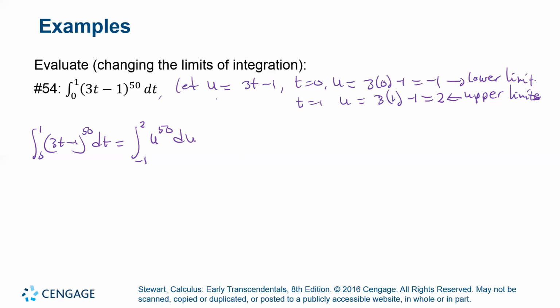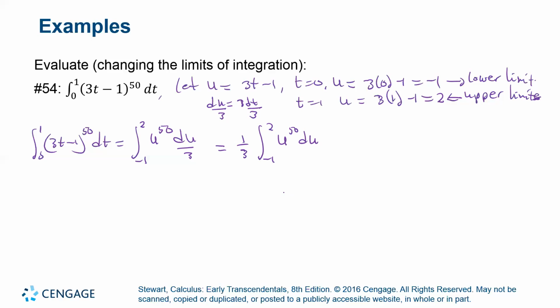By the way, let's find the du right there. du is 3 dt, so divide both sides by that. This is du over 3. So then this becomes 1/3 the integral from -1 to 2 of u raised to 50 du, like that.